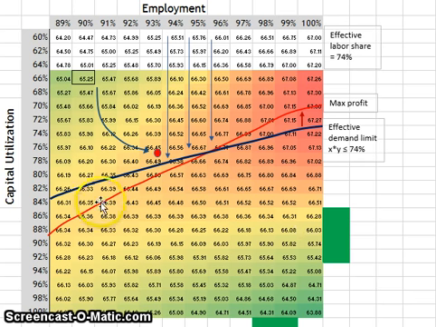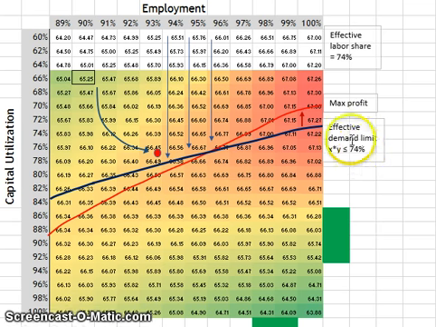Now this red line here is the maximum profit line. This is where the curve comes up, maxes out, and then starts to go back down after diminishing returns. So this blue line here is the effective demand limit, where the employment of capital and the employment of labor multiplied together are equal to or less than 74%.